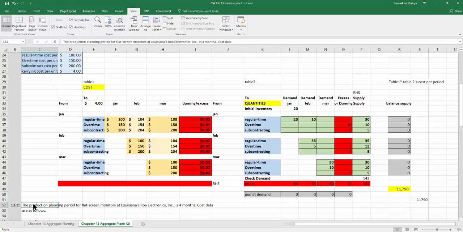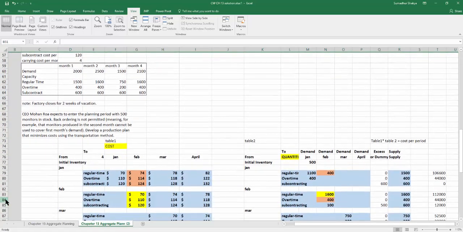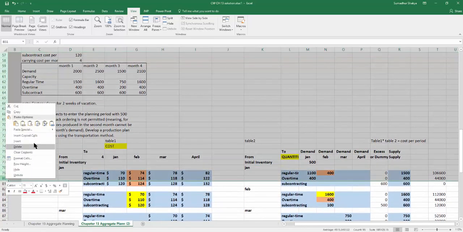But I'm going to show you how you can also use linear programming to do this. Okay, so let me, I need about this much space more.